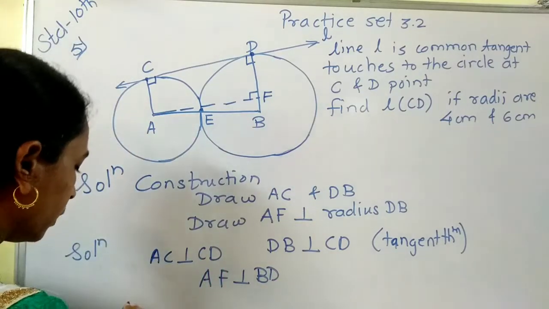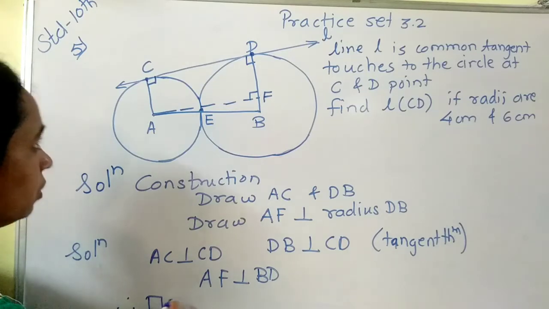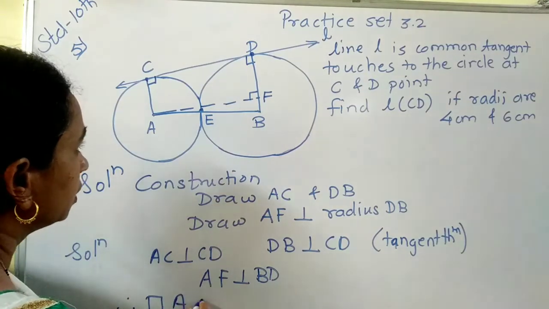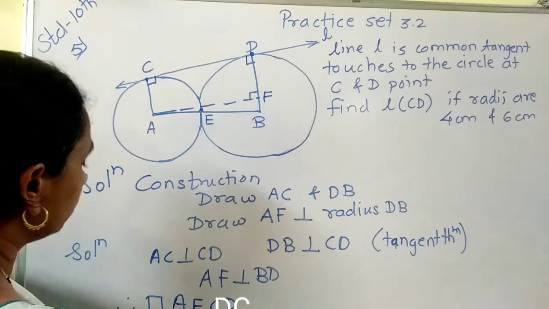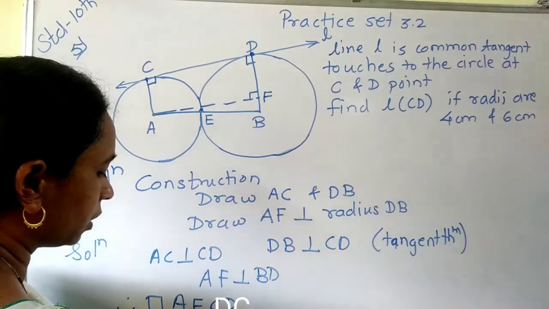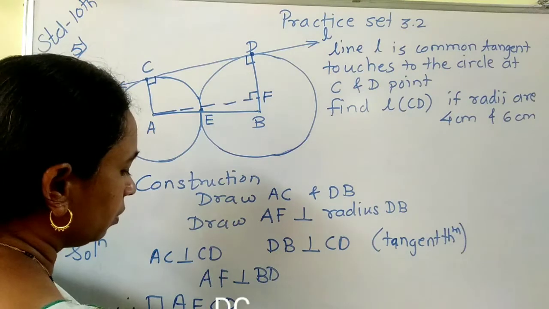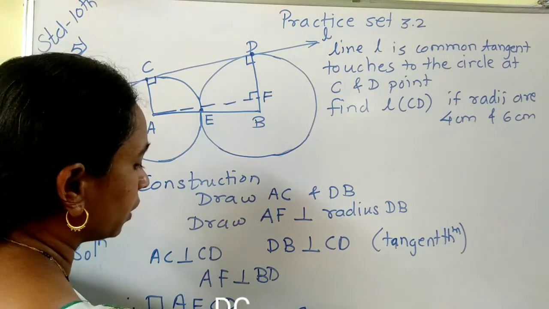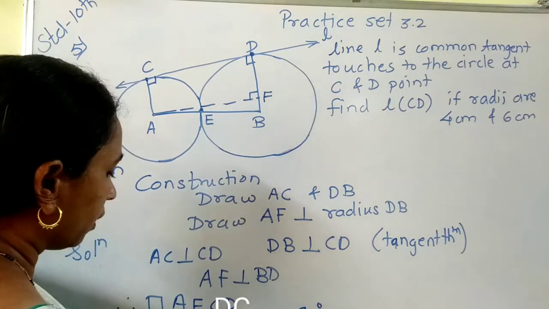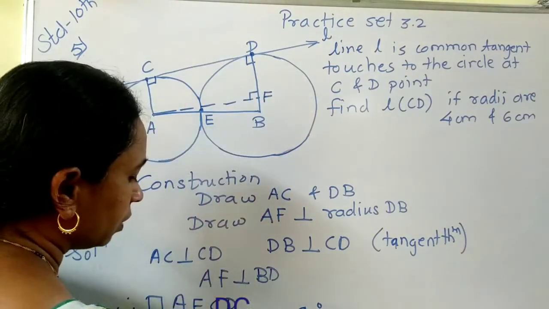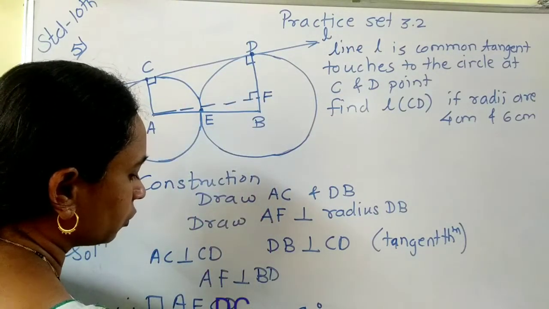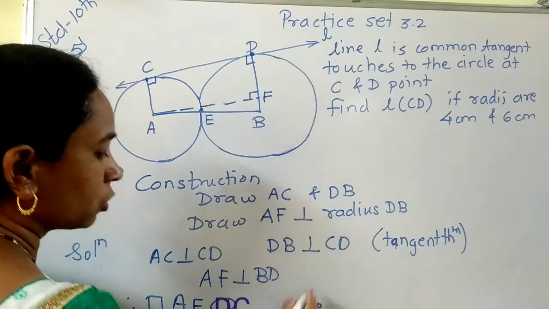Therefore, in quadrilateral AFDC, angle C is equal to 90 degrees, angle D is equal to 90 degrees, and this angle DFA is also 90 degrees.